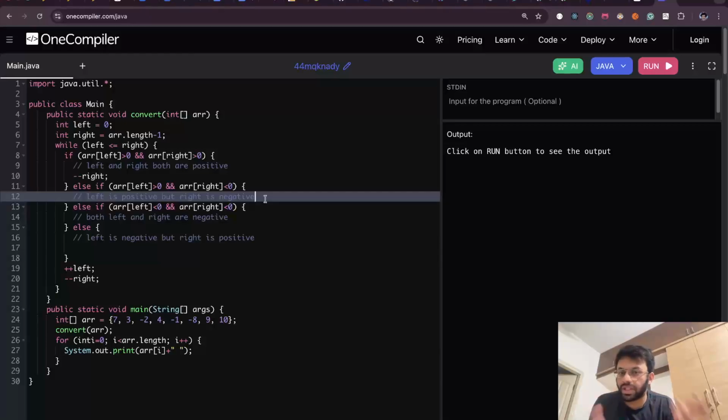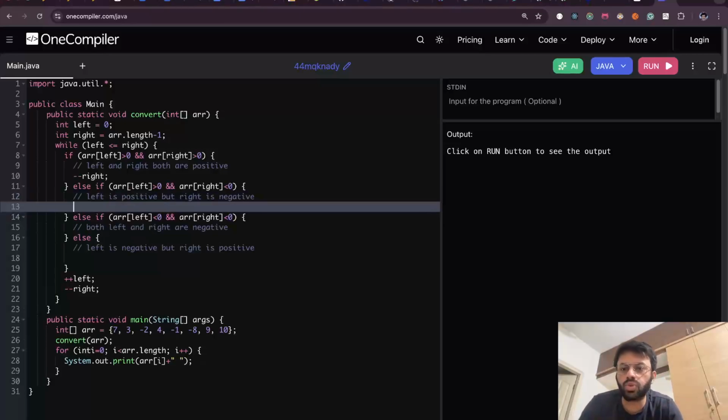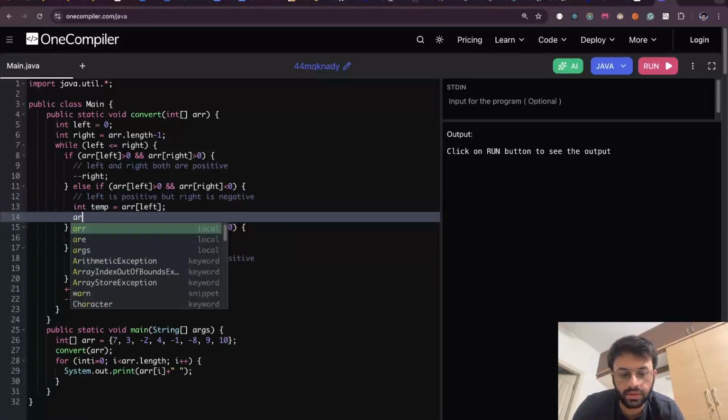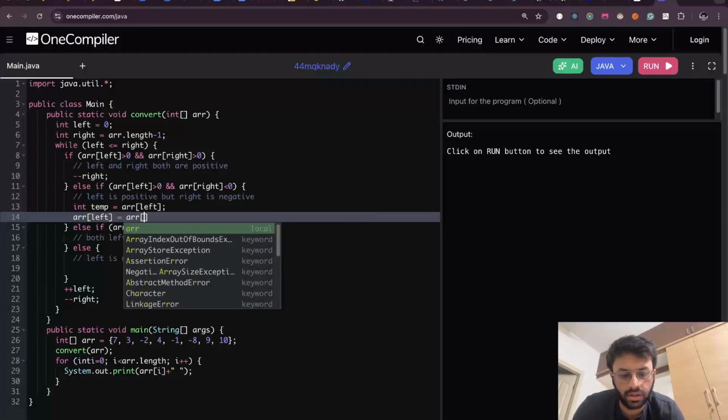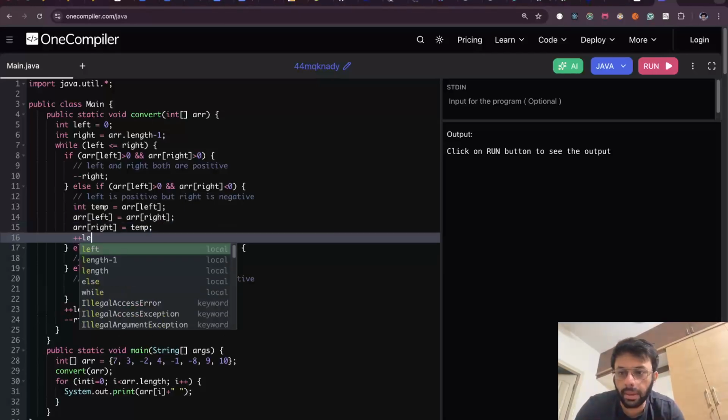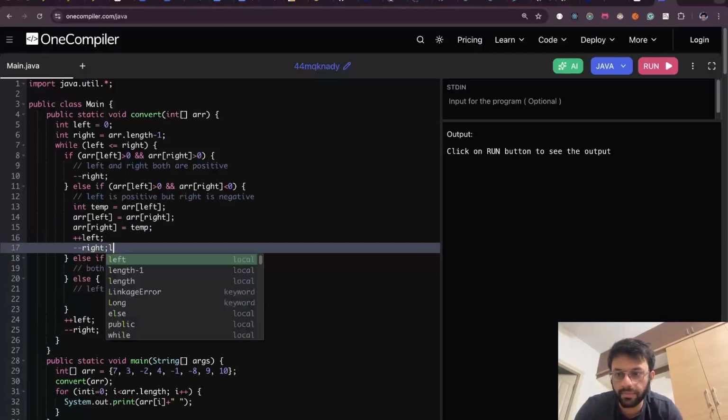If there is a mismatch in both the sides, then two wrongs make a right, make a correct. So since both are wrong, I will swap them. Okay, done. Once I swap them, I will update both the pointers. Okay.